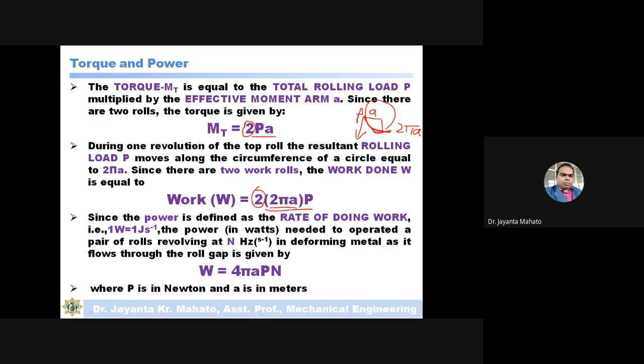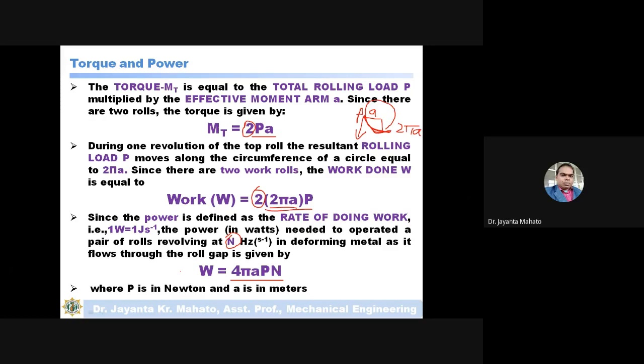So it becomes 4 into pi into a into P. Now, to get the power, you have to multiply by the rotational speed n, in hertz, so it becomes 4 into pi into a into P into n.